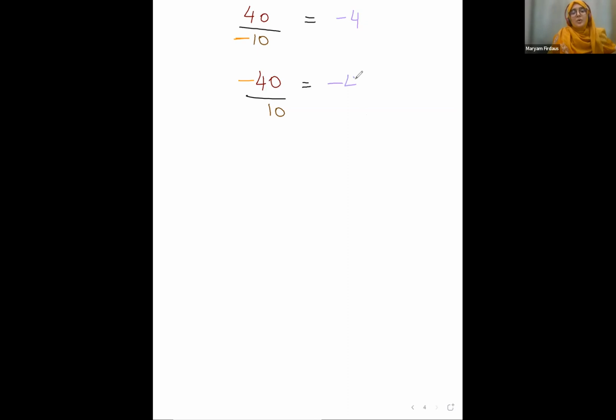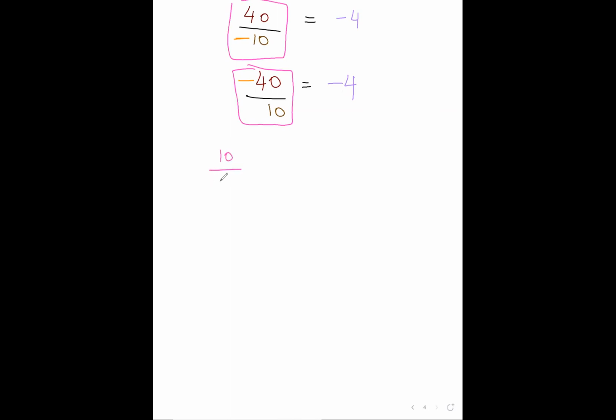Okay. So do you see that these two are equal? Whether you say 10 divided by -2 or you say -10 divided by 2, it is going to be the same. Why?